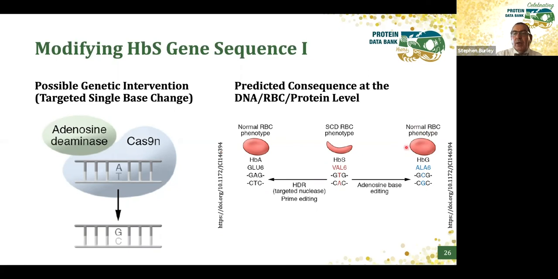And this will give rise to what's known as hemoglobin G, which, when deoxygenated, will not sickle and will leave the red blood cell looking perfectly normal.